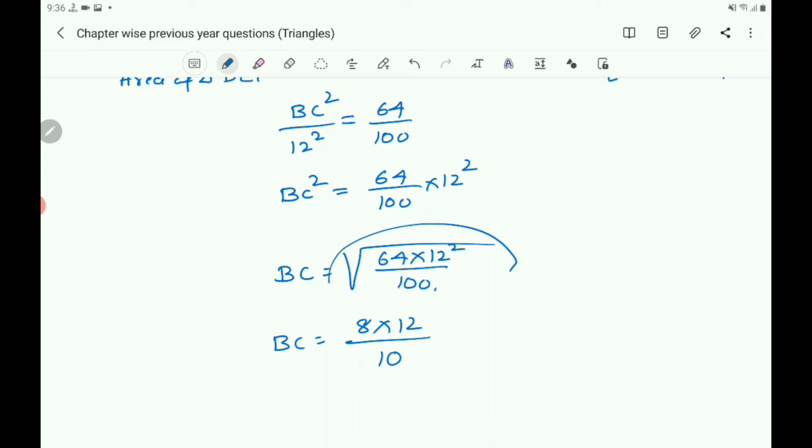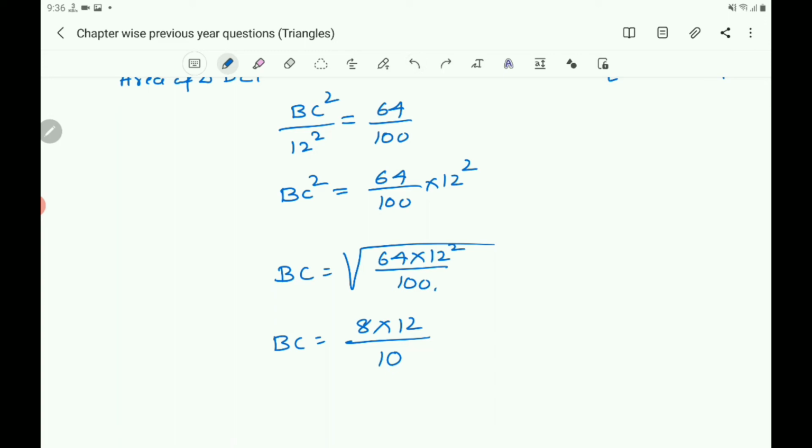So the square root of 64 into 12 square by 100 is 8 into 12 by 10, because you know that 64 is a square number, its root is 8, and 12 square is a square number, its root is 12, and 100 is a square number, its root is 10.